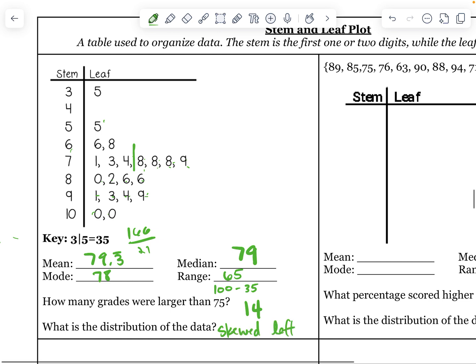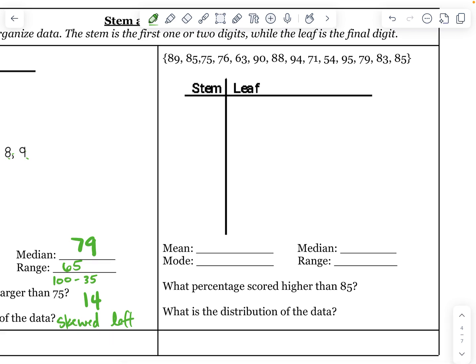It's on the bottom. All right, then you have to make your own stem and leaf plot. I'm going to pause the video and come back to this so you can try it, but just to set yourself up for success, these numbers are 50 through 90, so 5, 6, 7, 8, 9.